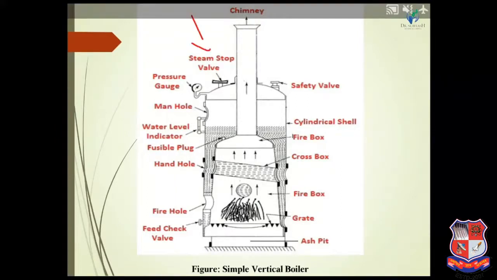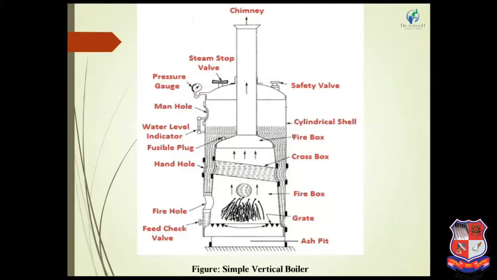Next is the steam stop valve. The main function of the steam stop valve is to let the boiler produce steam at a sustained level. The steam stop valve operates and gives the steam output from the boiler as required by our pressure limitation.